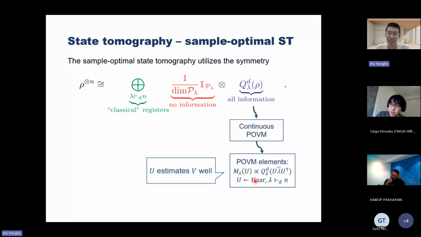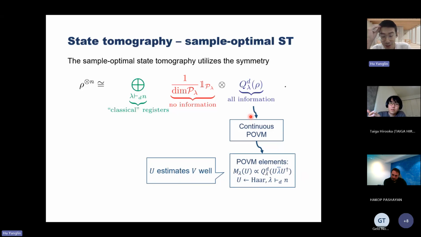So this lambda bar is just the spectrum of the state you estimate, and then you rotate the spectrum you estimate with a Haar random unitary to construct the continuous POVM, and then the measurement output of this POVM is U, and this U will estimate the unitary of the quantum state very well.